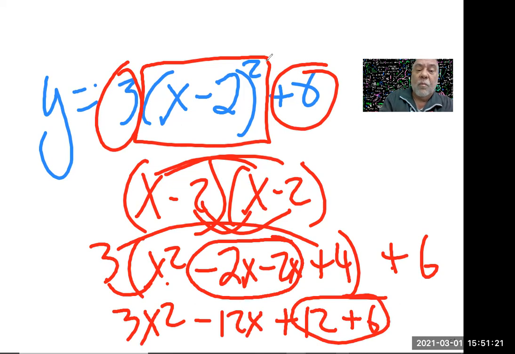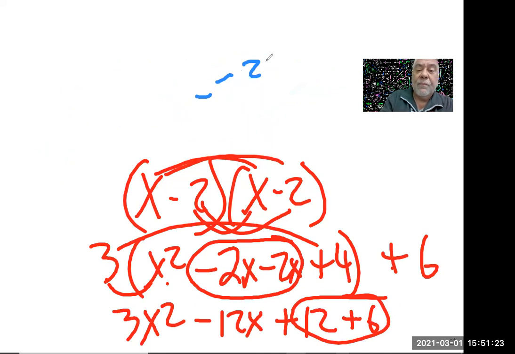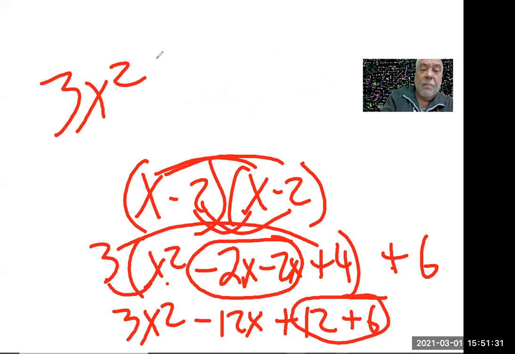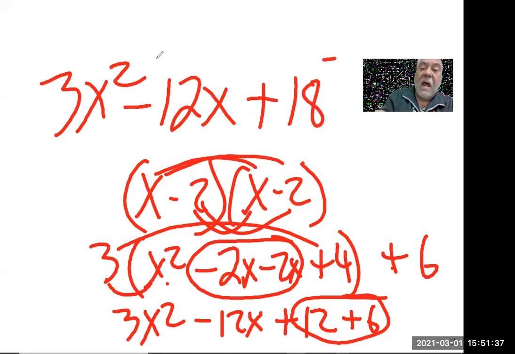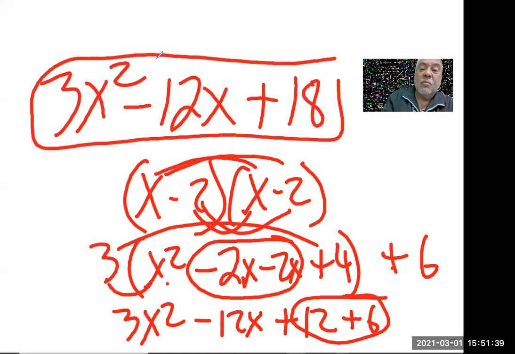And let me make some room up here. Okay, then you end up with 3x squared minus 12x plus 12 plus 6, which is 18. And that would be the equivalent term to that original expression that I gave. It's the way to do it mathematically.